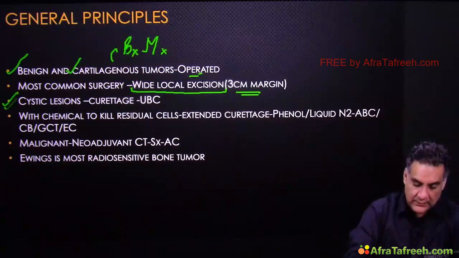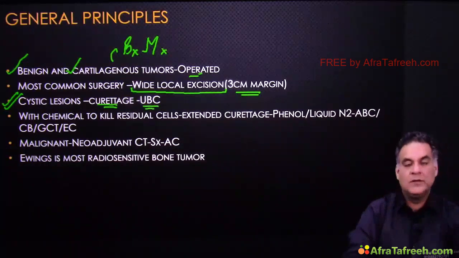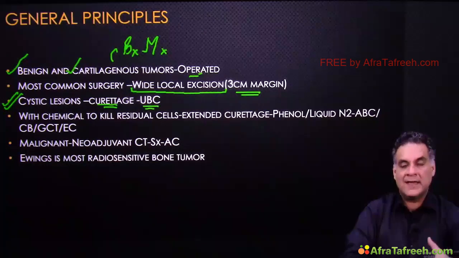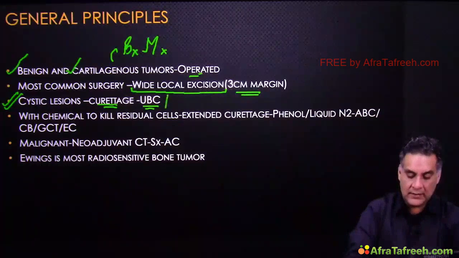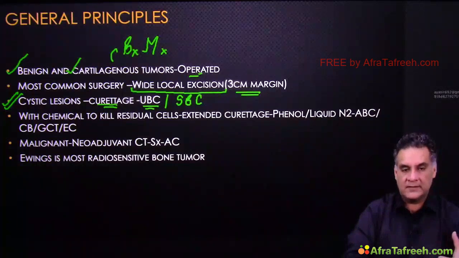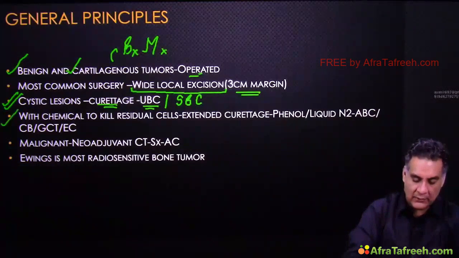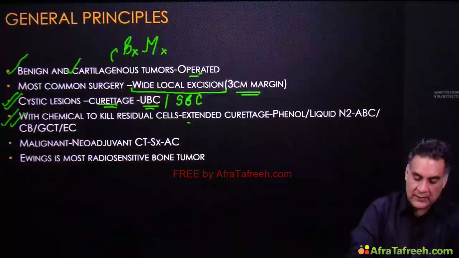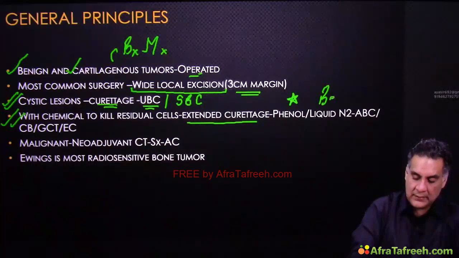Cystic lesions, you do curettage, like unicameral, uni means single, cameral means kamra or cavity, bone cyst, also called solitary bone cyst, also called simple bone cyst. Whereas when you apply a chemical along with it, extended curettage. Most common chemical, phenol. Best chemical, liquid nitrogen.